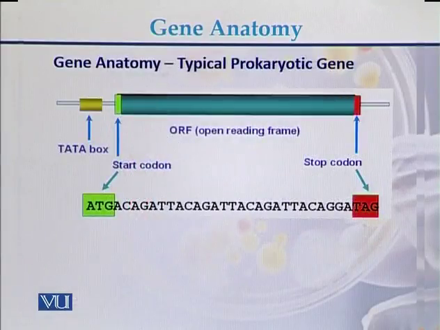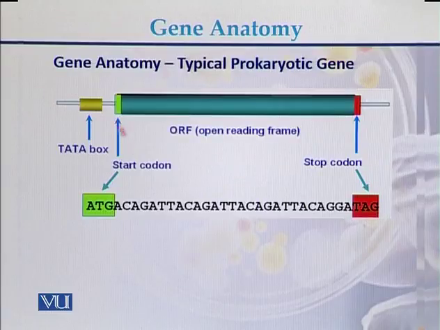This is the gene anatomy of a typical prokaryotic gene, in which we can see this is the open reading frame that starts with the start codon, and here is the start codon ATG, and the open reading frame ends with the stop codon, and the stop codon is TAG.